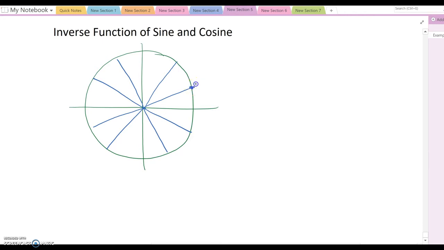So this coordinate becomes root 3 over 2 comma 1 over 2. Of course this will be 1 comma 0 by the way.